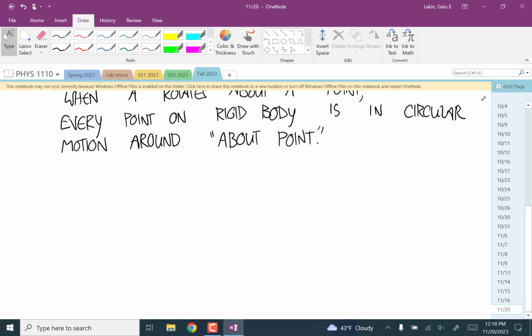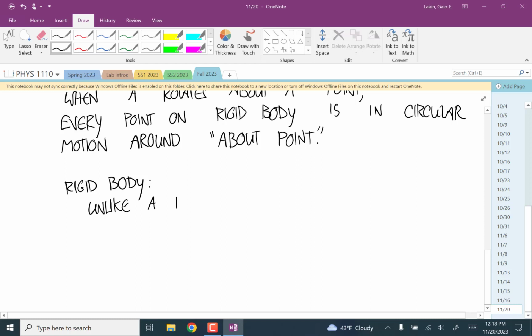When we talk about rotations of rigid bodies, so let me get this down. A rigid body, unlike a particle, has length dimensions.